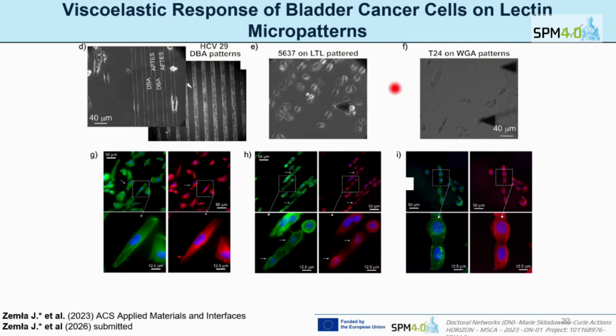And here you can see the images from the optical microscope combined with AFM, that the cells actually grow on the patterns and they change shape. You can see that this shape is elongated. This was confirmed also with fluorescence staining of cytoskeletal components. So in green we have actin filaments, in red we have microtubules.